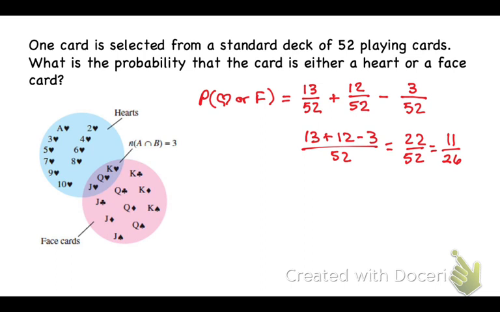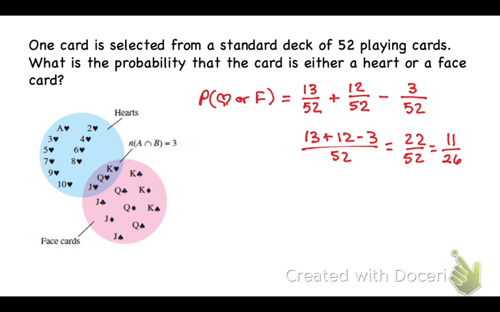So how could I write a card problem with mutually exclusive events? It doesn't have to be with face cards or whatever.